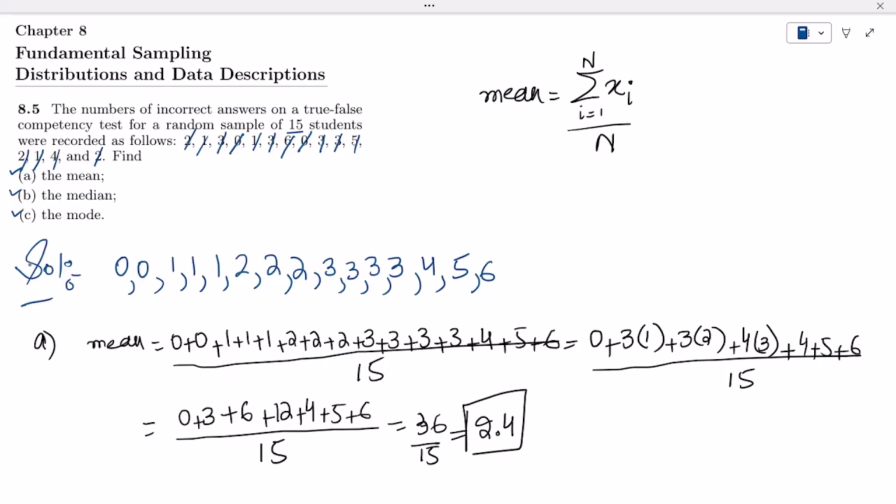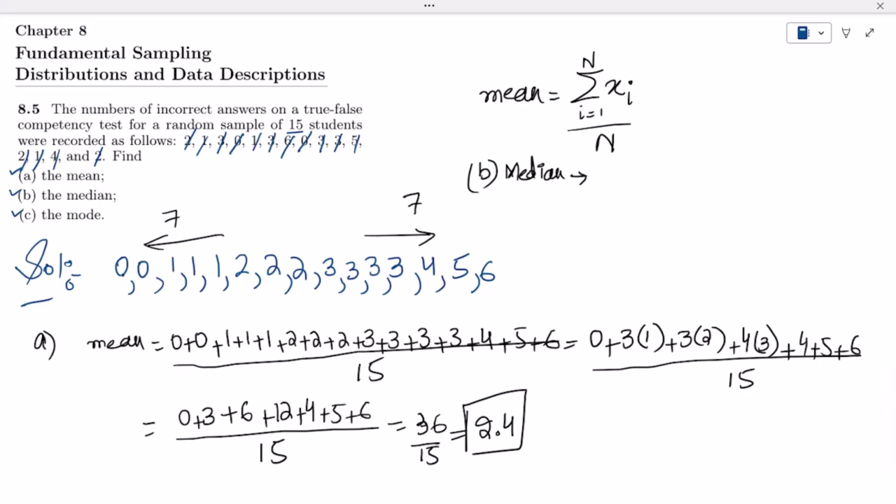That is for the mean. Now in order to find the median, we can see that the number of items here is odd. 15 is an odd number, so we can very easily pick the middle one, with 7 items on one side, 7 on the other, and the 8th in the middle.